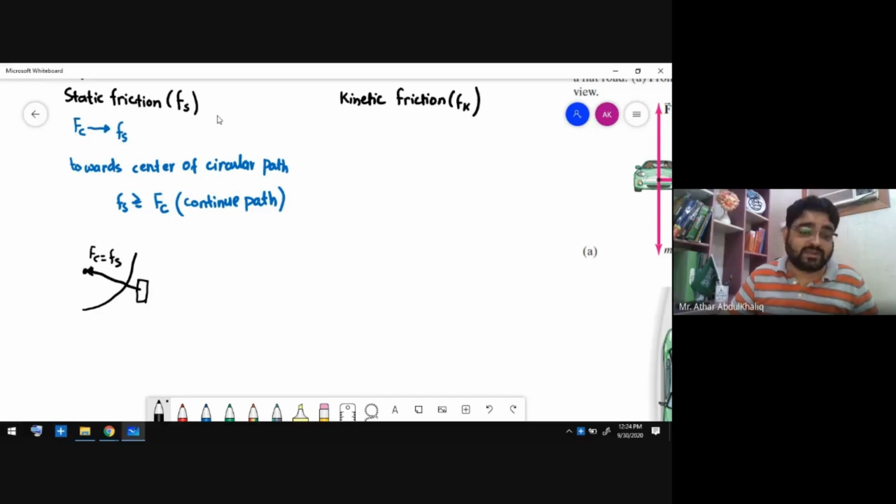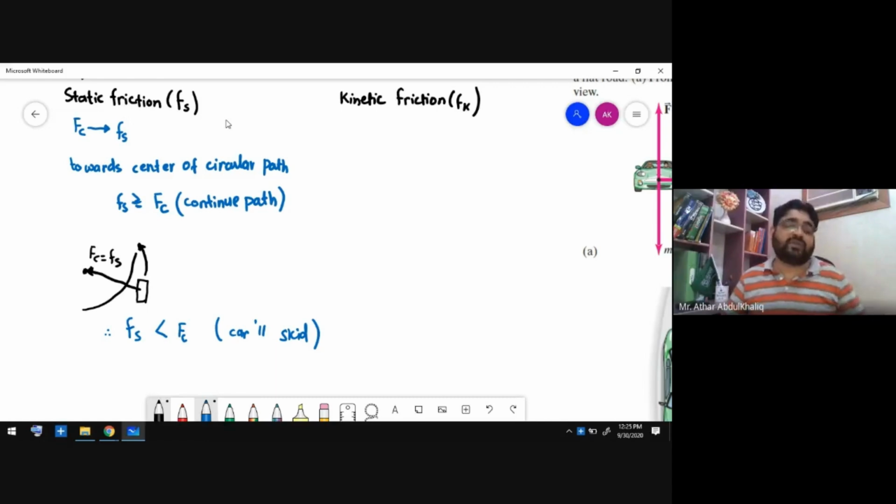And in this case, the car will completely move in the circular path. It will not go away from the circular path. If this static friction is less than the required centripetal force, then the car will skid off and move away from this.